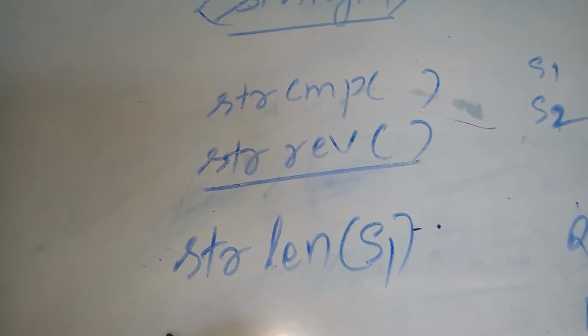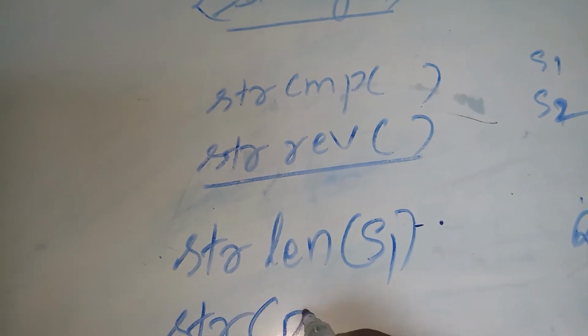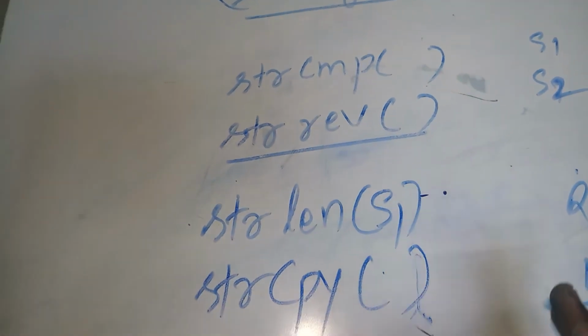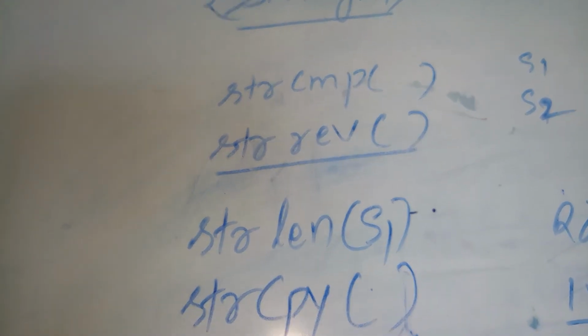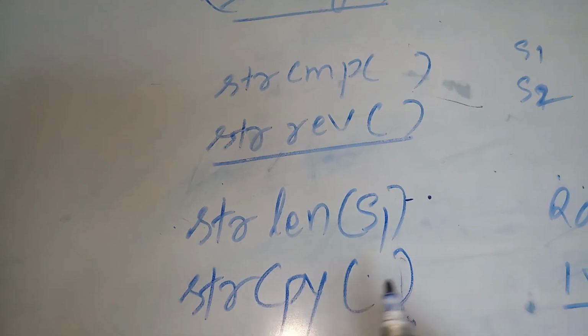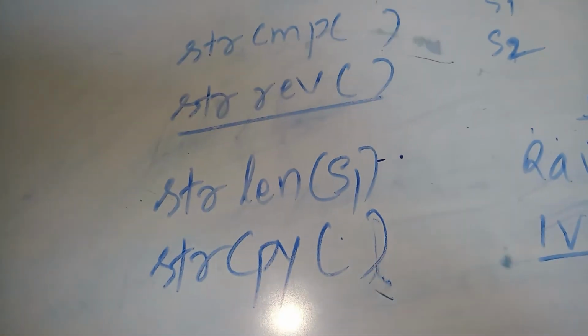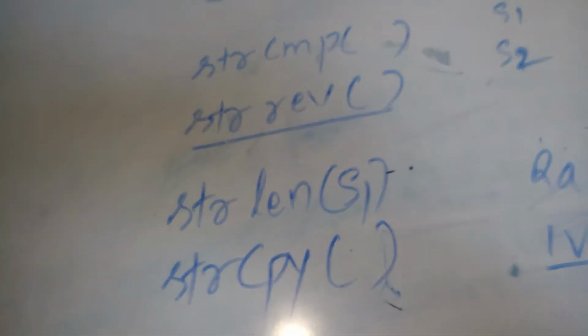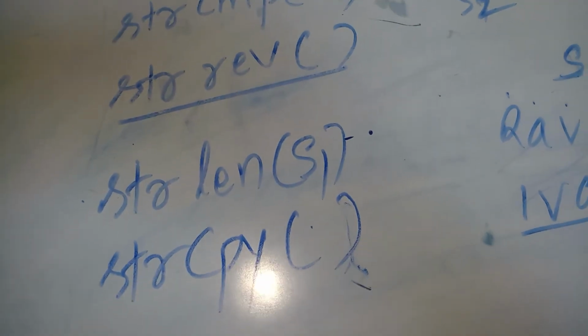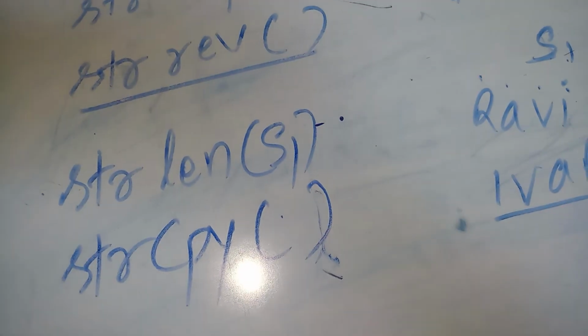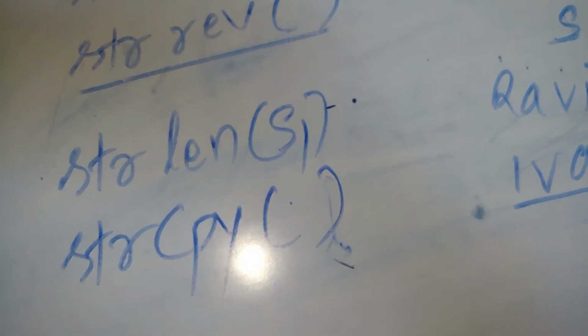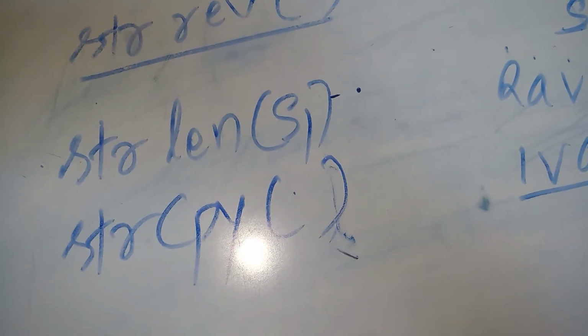The next one is strcpy, copy. If you want to copy the string 1 content into string 2, we go with strcpy. Like this, different predefined functions are available in the strings concept, and these are very important predefined functions in the C language.